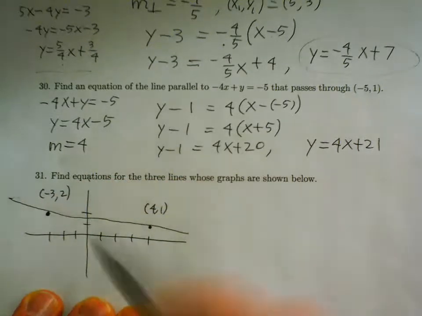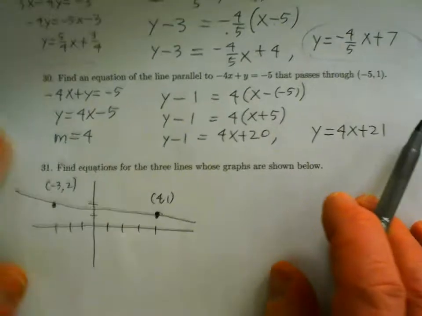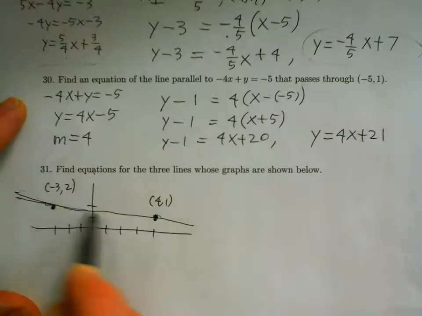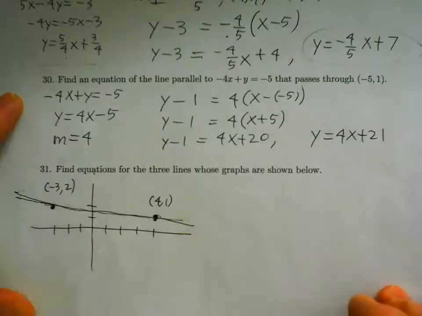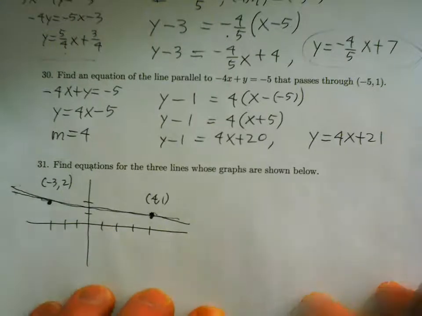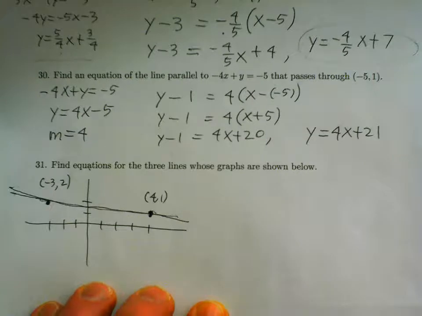Find the equation of the line that passes through those 2 points. So pretend like that's a straight line. We can do it in less than a minute.